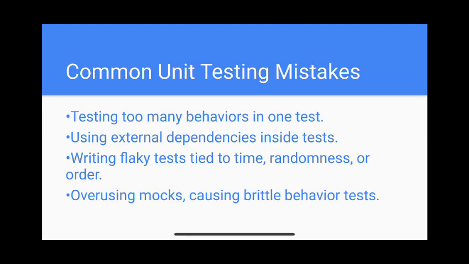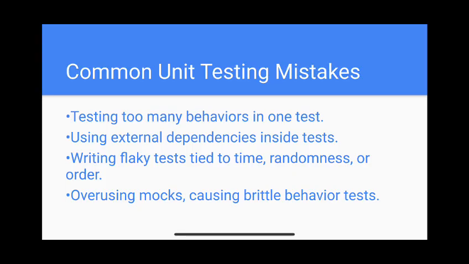And finally, to end it off, here are some common unit testing mistakes that many people may make. The first one is testing too many behaviors in one test. The point of unit testing is to single out behaviors one by one.